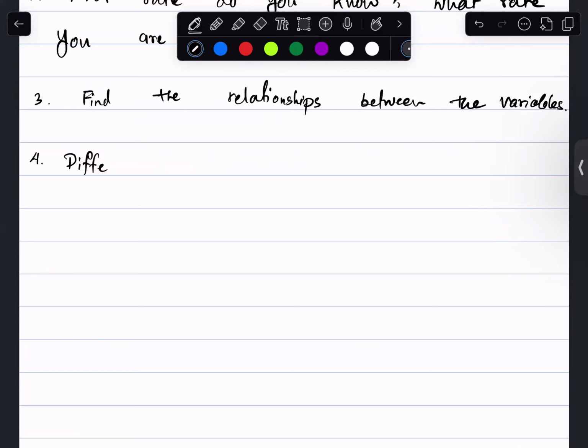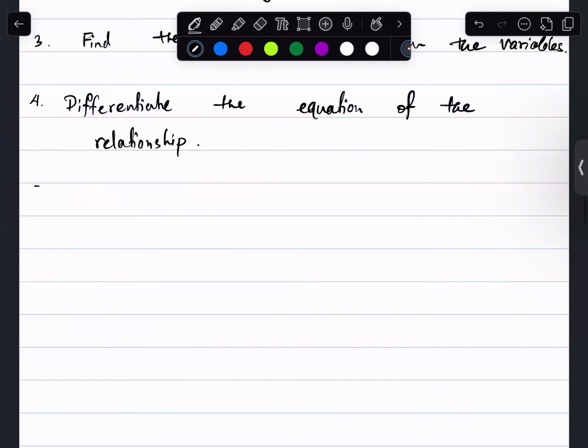So differentiate the equation of the relationship, and then at the end you plug in values.